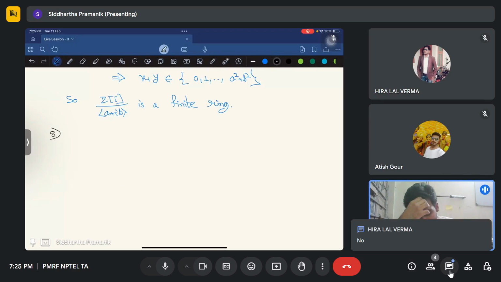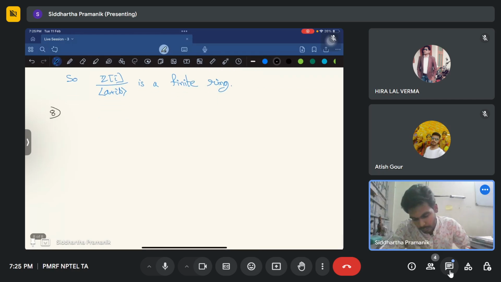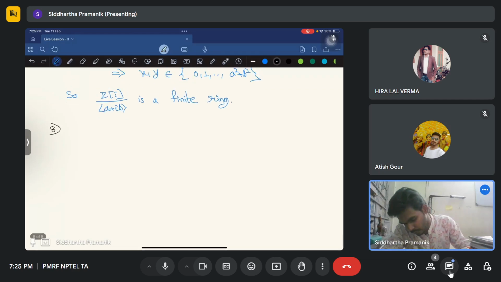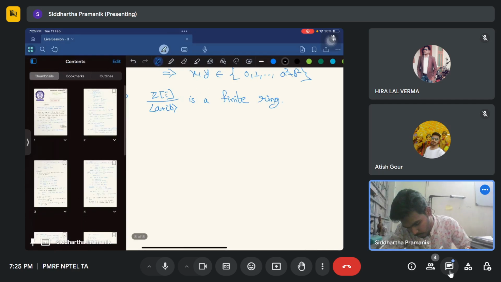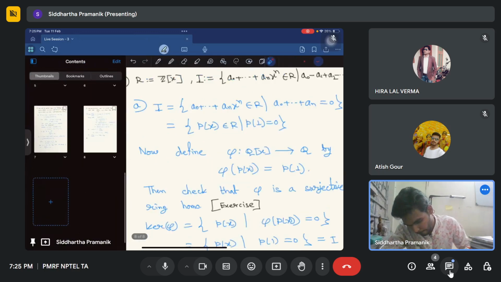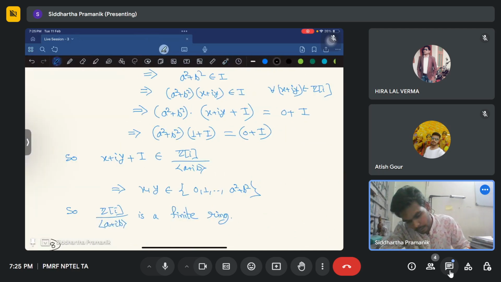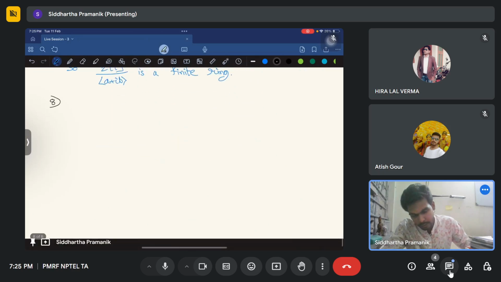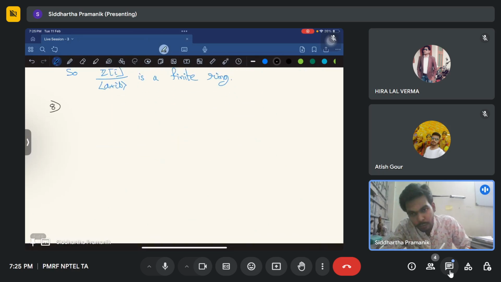Okay, so let's do another problem. I have done some problems on quotient rings, first isomorphism theorem, prime ideal, maximal ideal. And let's do some on the correspondence theorem. So problem number 8. I hope you can remember the correspondence theorem.